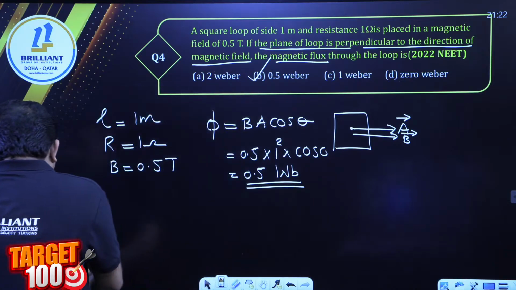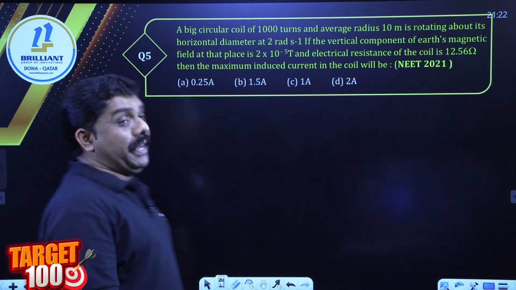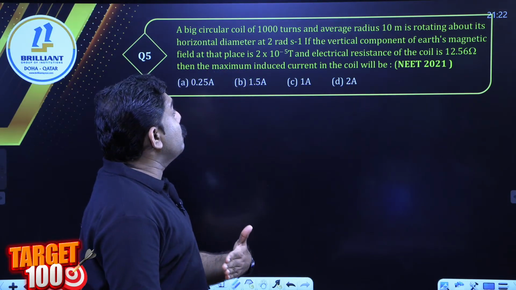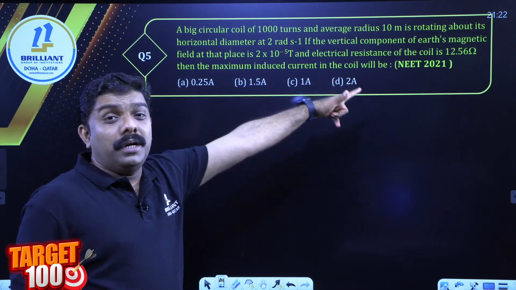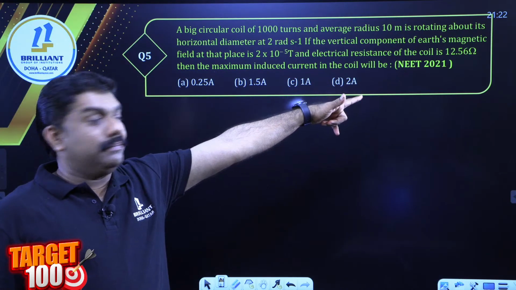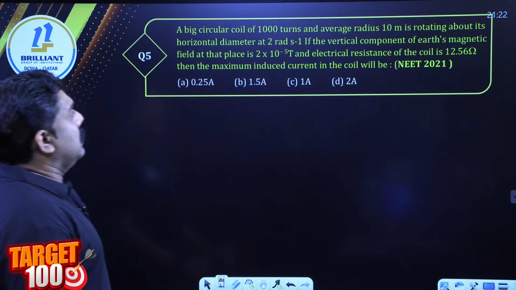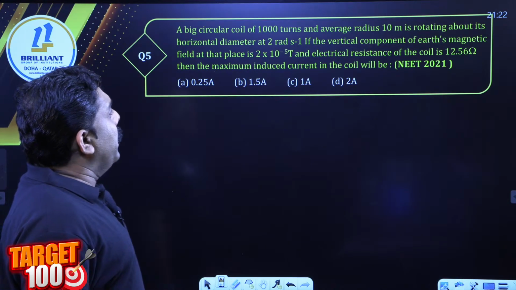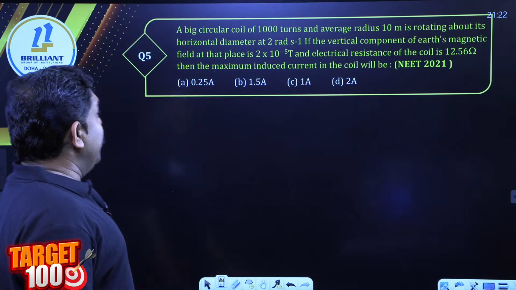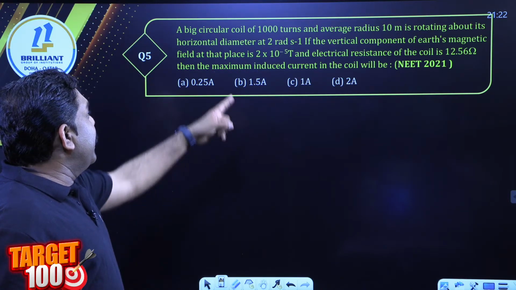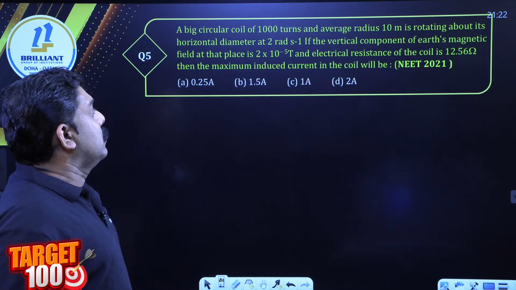Now we are going to the next question, question 5. Question 5 is a very important question that we are explaining. 2021 NEET question. A big circular coil of 1000 turns and average radius 10 meter is rotating about its horizontal diameter at 2 radian per second.